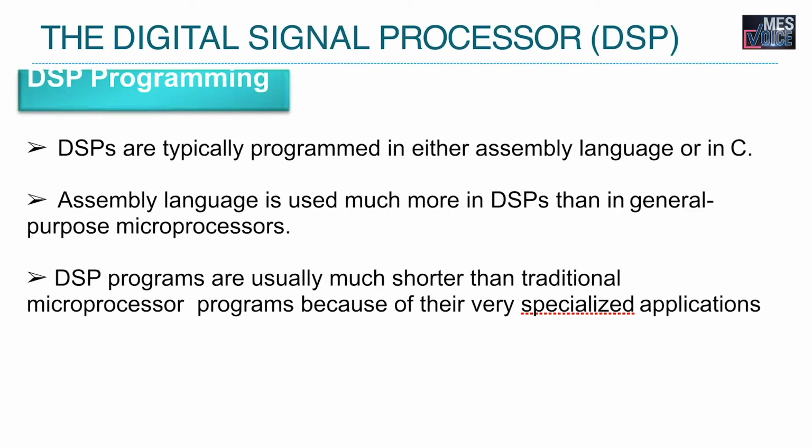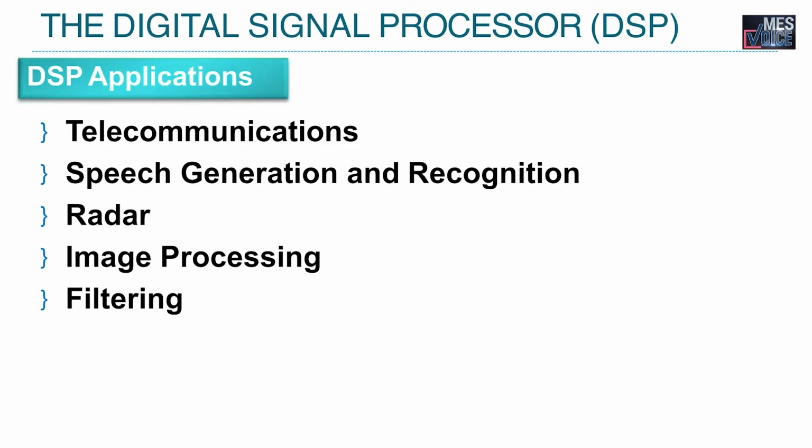Digital signal processors are typically programmed either in assembly language or in C. Programs are usually shorter than traditional microprocessor programs. The DSP, unlike the general purpose microprocessor, must typically process data in real time.